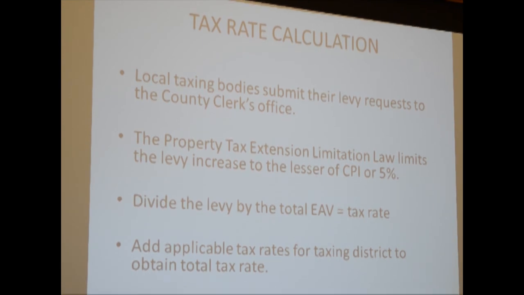The EAV is that number once the multiplier is applied to the assessments. So that's how you get your tax rate. So you add the applicable tax rates for the taxing districts to obtain the total tax rate for your area.